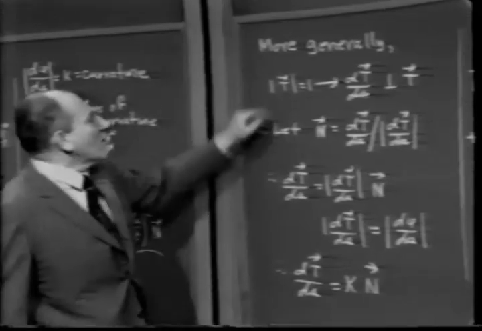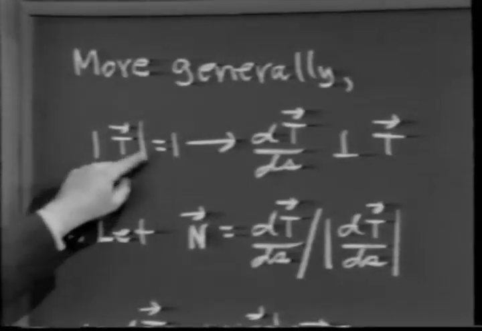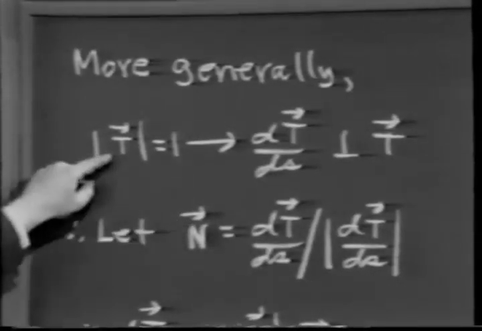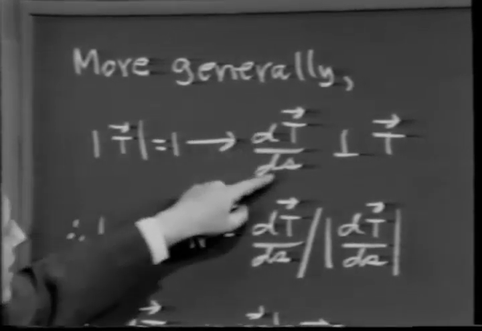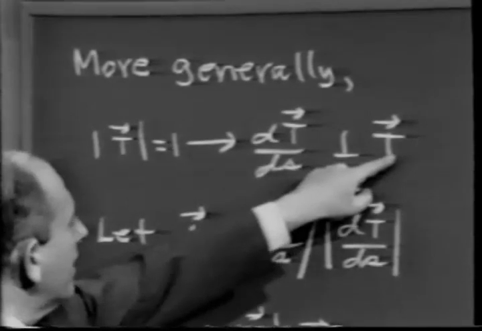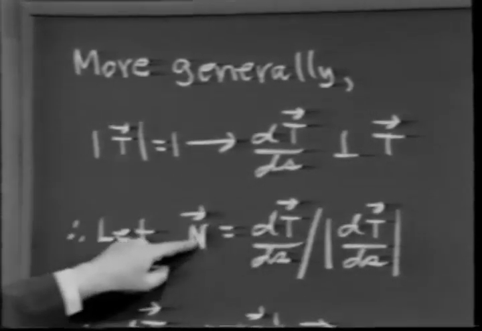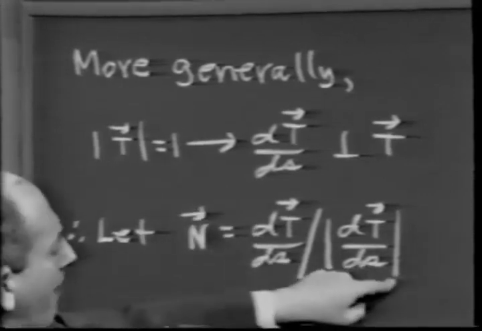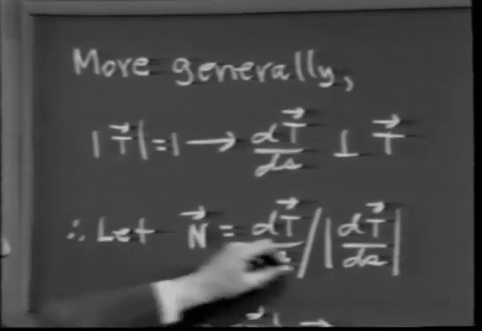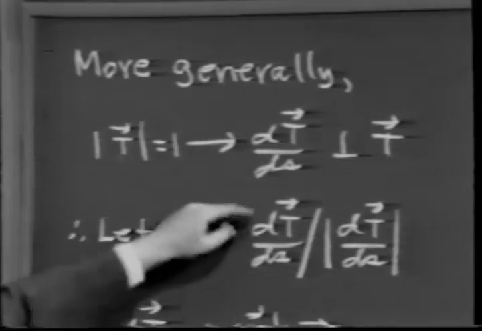The modern approach simply says this: define the unit tangent vector as before. Since the magnitude of T is a constant, dT/ds is already perpendicular to T. Let's define a second vector N to be dT/ds divided by its magnitude. Again, the same old trick. What have we done here?